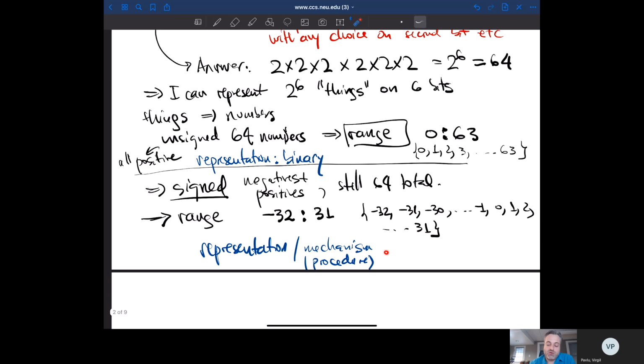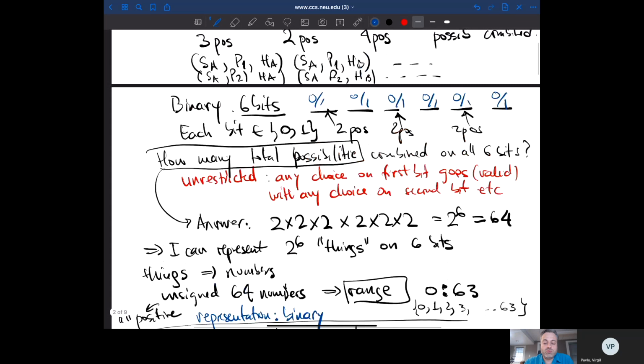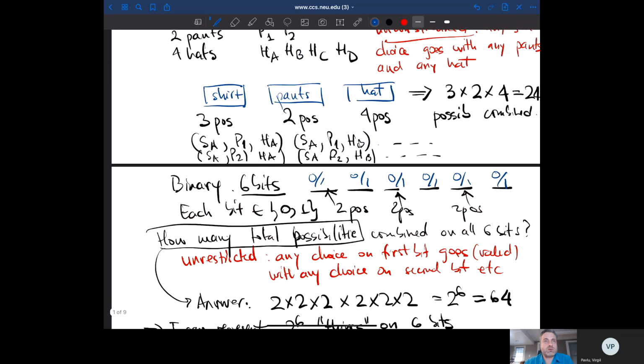That procedure is called 2's complement. There are other ones. 2's complement is not the only procedure you can use, but you can use that. This is described, of course, in the basic regular videos, binary and 2's complement. My point is to give you a sense of how this works in terms of representation, how many things you can represent given that you have those bits.